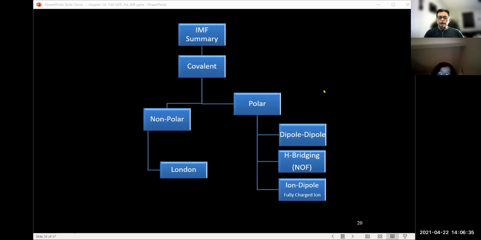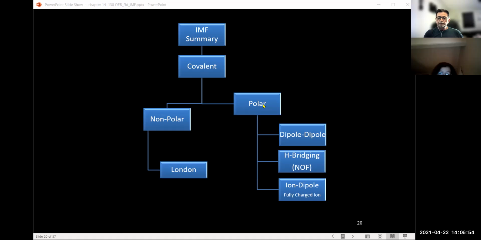Okay. So basically, to summarize the IMF interactions, first of all, we determine if it's covalent, all right? If it's nonpolar, go to the left. It's all she wrote. It's all London forces. Okay.